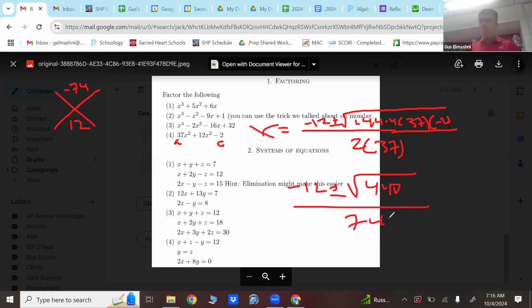You could say -12 plus or minus 2 root 110. You take a 4 out. Maybe you want to say x minus that number and x plus that number. That's the only thing I could think of. I don't know. I mean, you could do this.